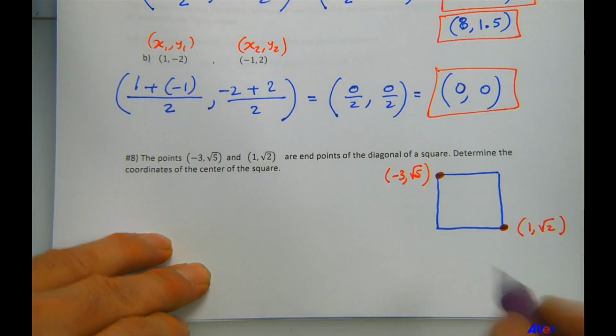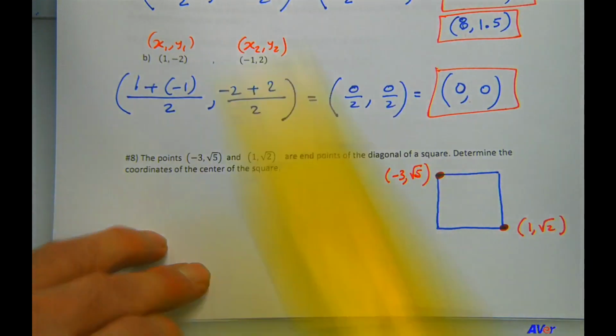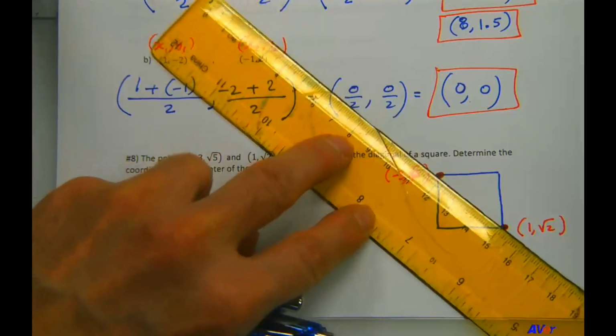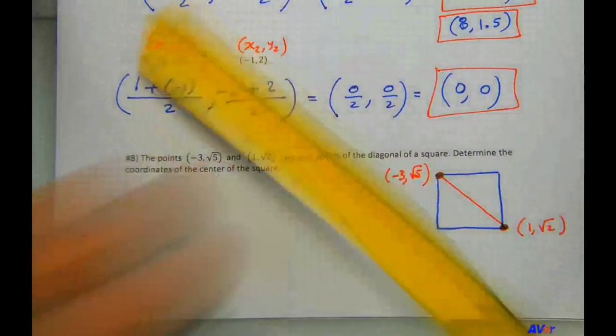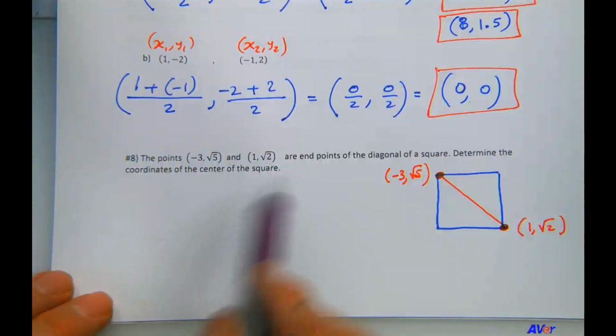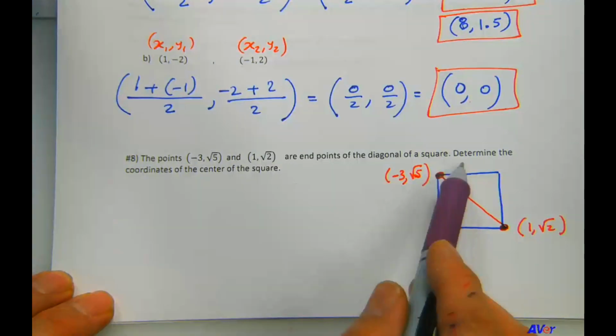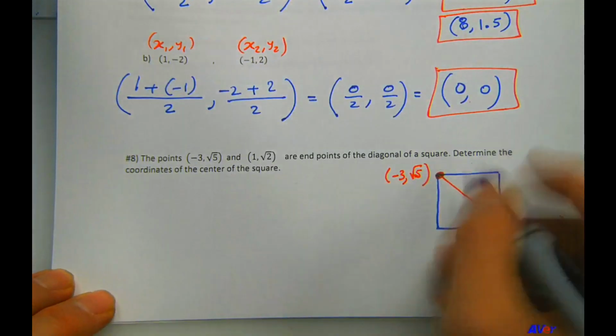Okay, and let's draw the diagonal here, right there. Determine the coordinates of the center of the square.